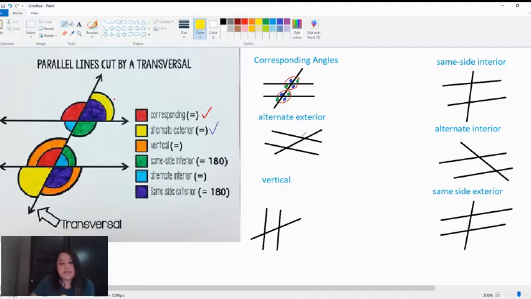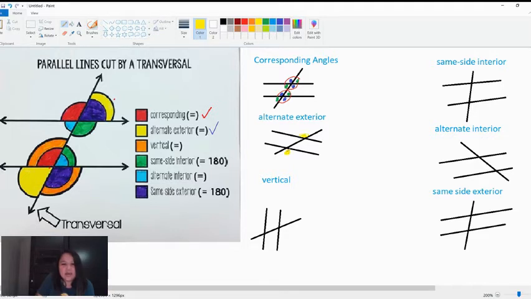So we have our transversal, so alternating exterior. So if I had an angle right here, okay, that is on the opposite side of the transversal. So on the opposite side is over here on this side, and it's exterior, meaning it's on the outside of the parallel lines. So that is alternating exterior.